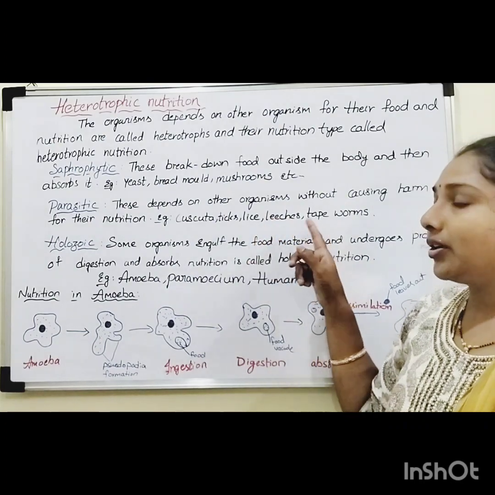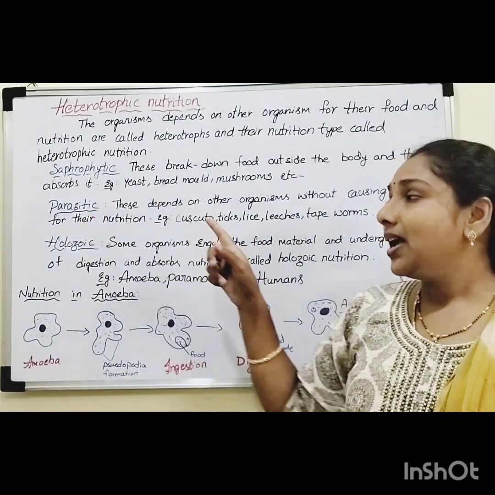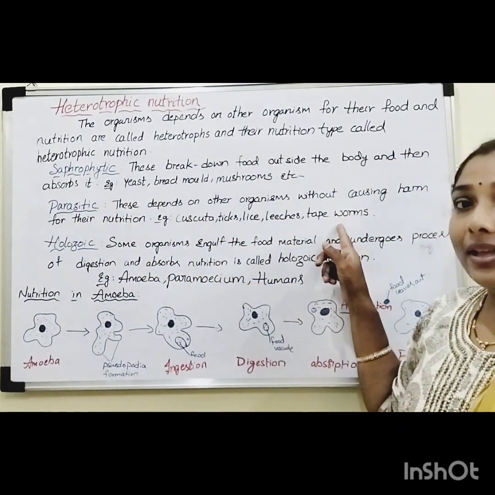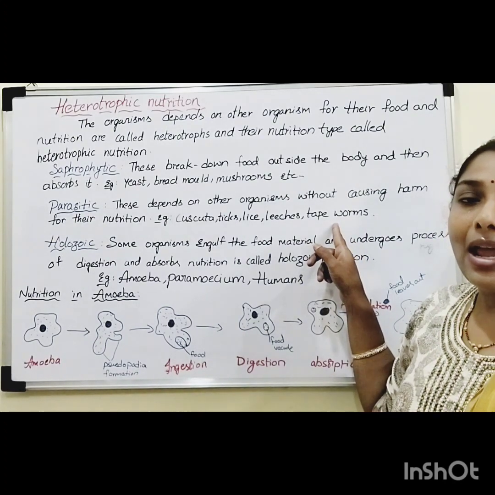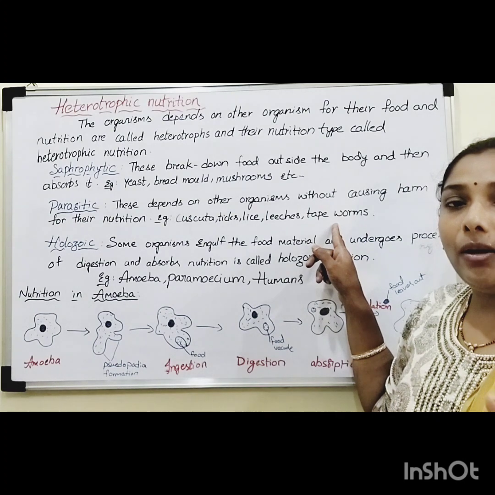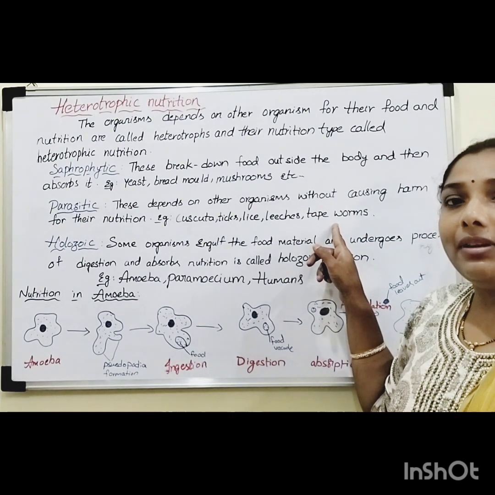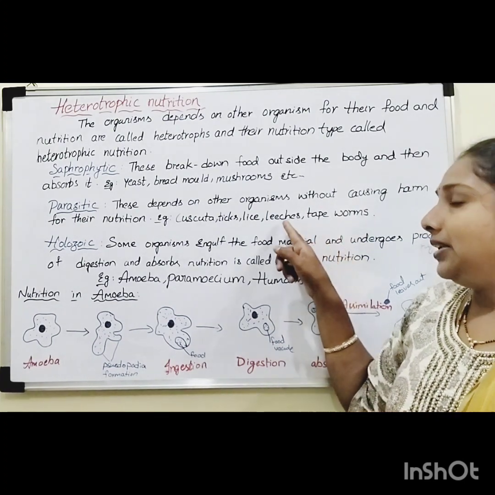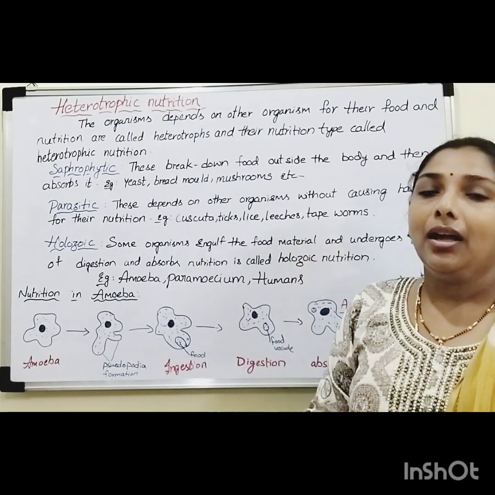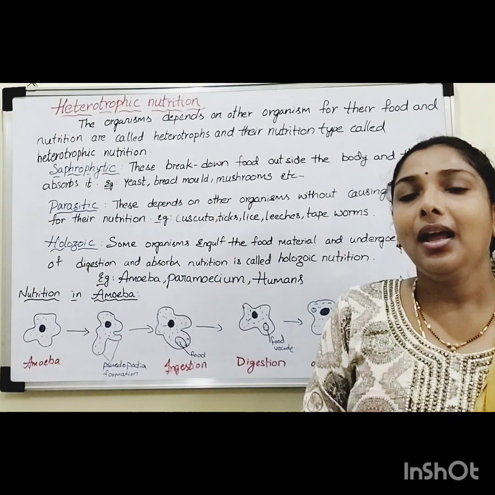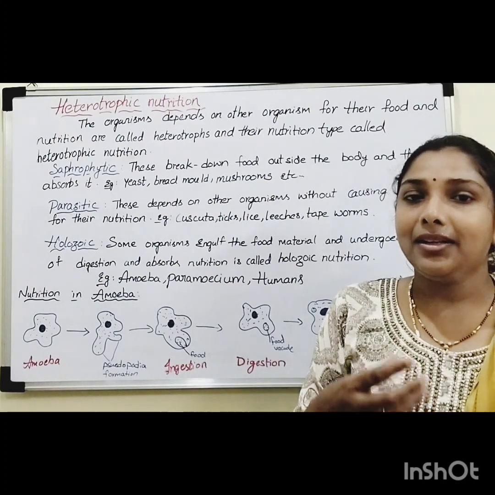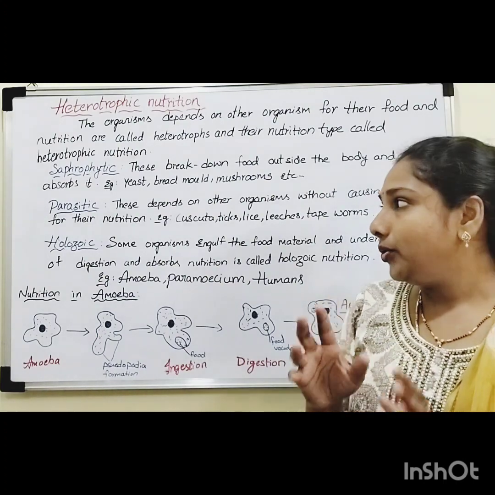These types of organisms I call parasites. Tapeworms live in the intestine and absorb the food material we are taking. Leeches stick on the skin and suck the blood. It is a parasitic mode of nutrition.